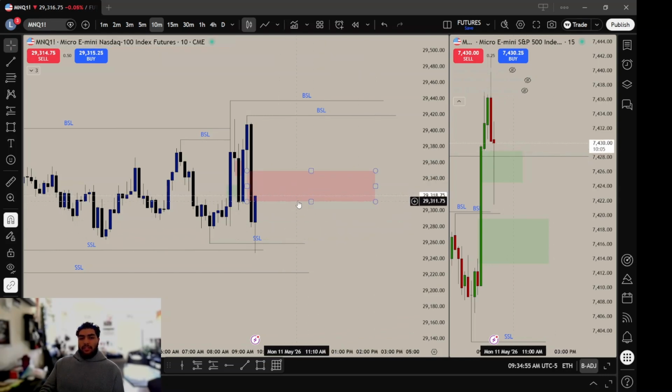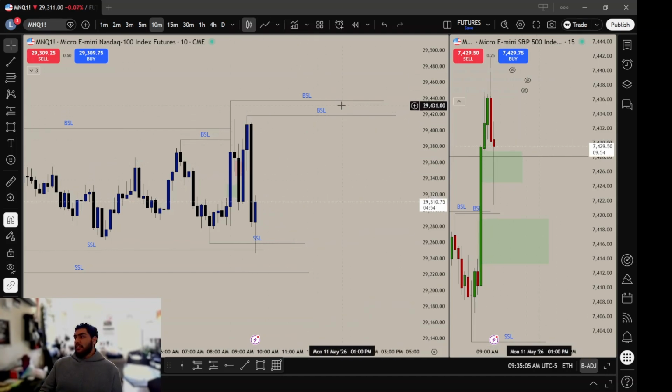If we take this fair value gap on the 1 minute, then that would be better, just because we'll have a bigger target for these buy side liquidities, and then we'll take that trade. But we are just gonna have to wait. So I'll come back when that happens.